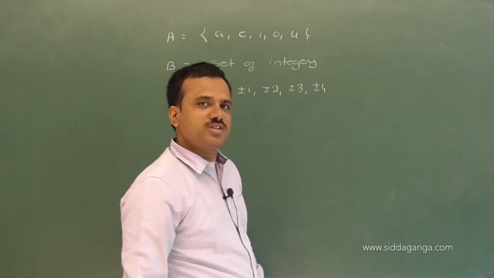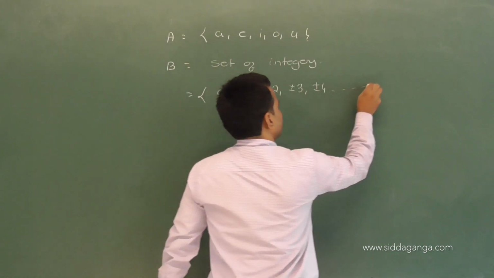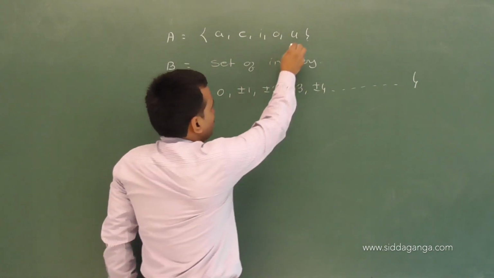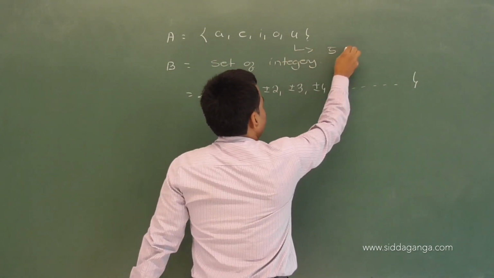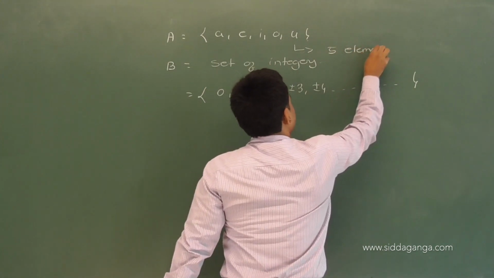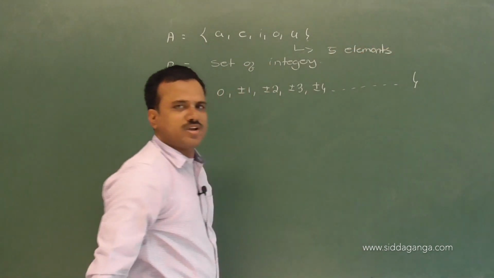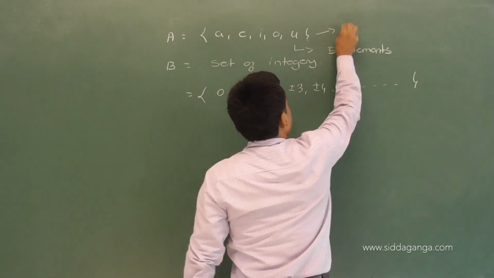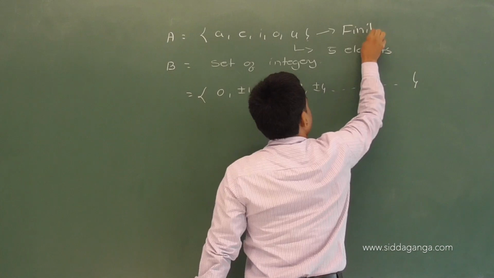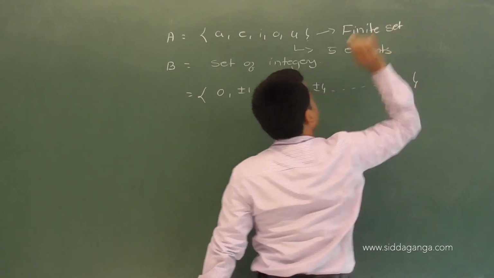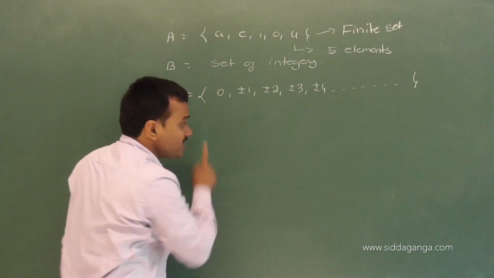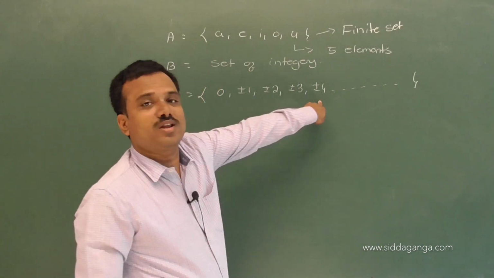Is it enough? No. Dash. Here, how many elements are present? 5 elements. We count them directly, right? Then we call this set a finite set. Here uncountable elements are present.